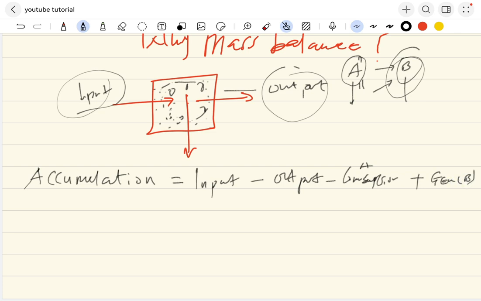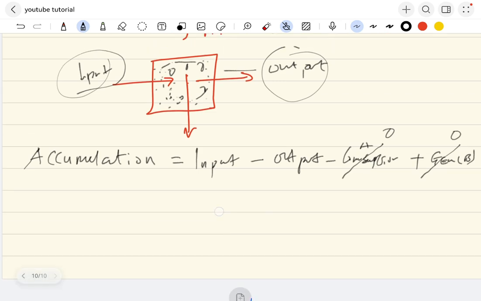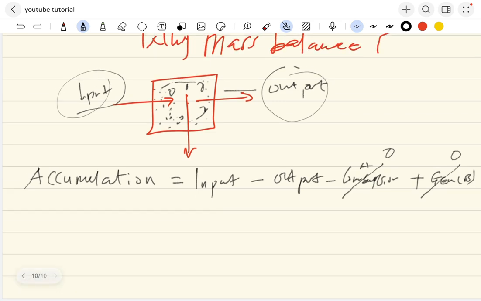Generation of B. So if for instance we assume there's no reaction in the process, I can simply say this term is 0, this term is also 0. So we will just be left with the accumulation being equal to our input minus our output.